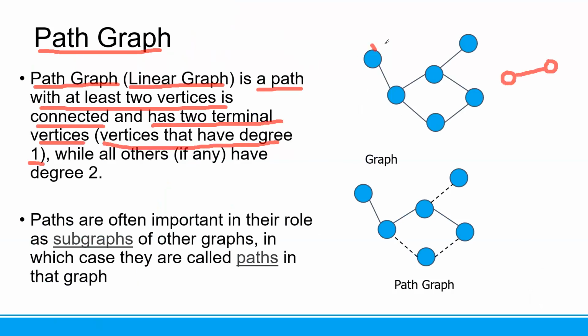So let's say this one is a vertex with degree 1. This is a vertex with degree 1. So we call this the terminal. It is the same concept like the bus.